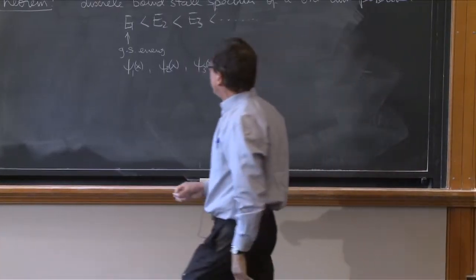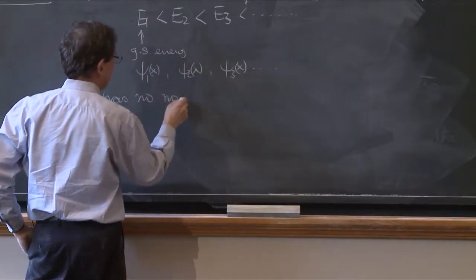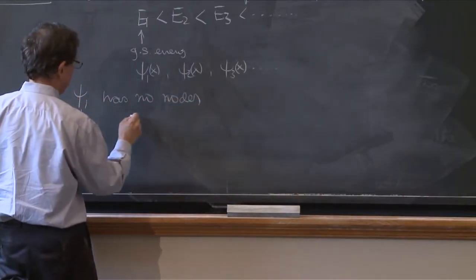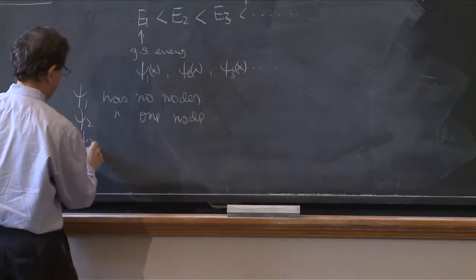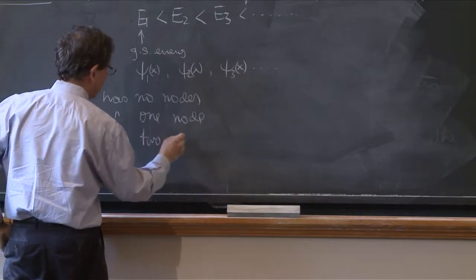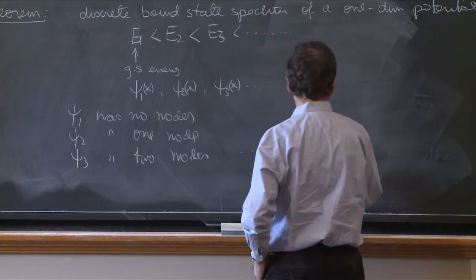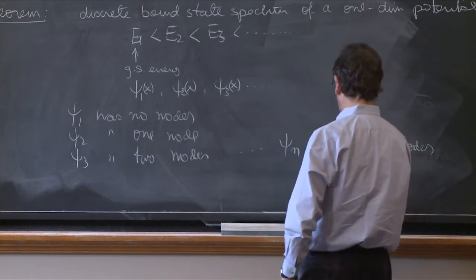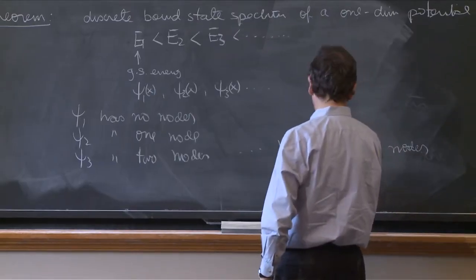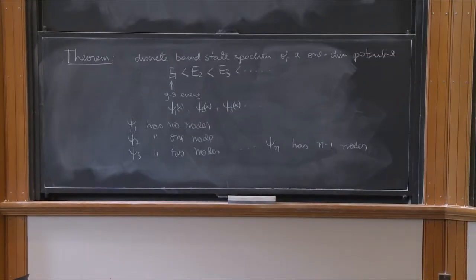It says that psi1 has no nodes, psi2 has one node, psi3 has two nodes, and so it goes, so that psi_n has n minus 1 nodes. For any n greater or equal to 1, psi_n has n minus 1 nodes.